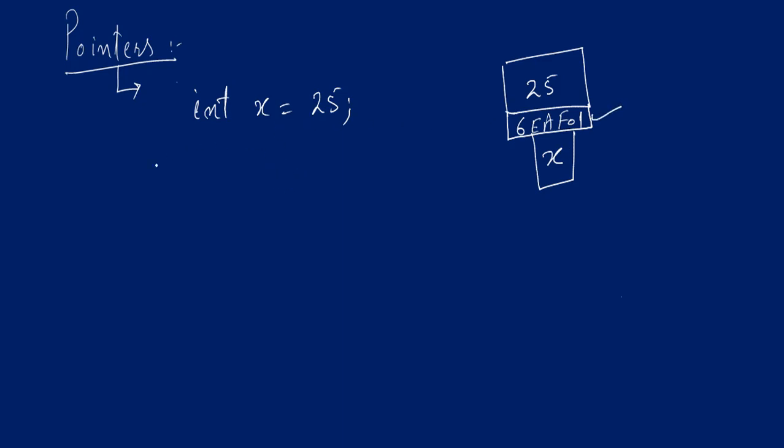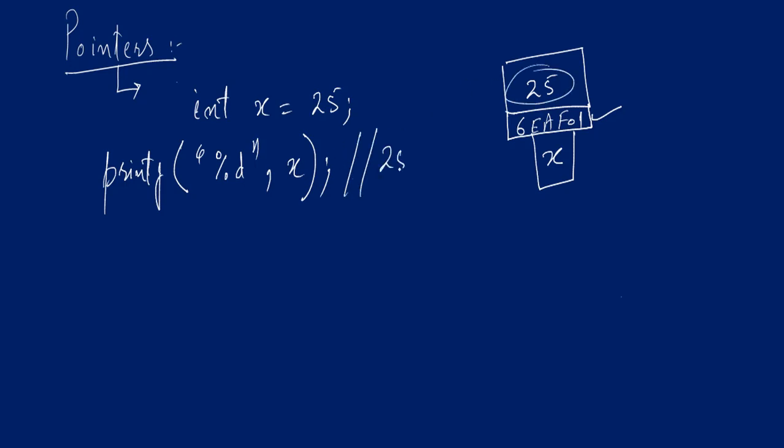Now if I write printf %d of x, what will it write? As usual, it will write 25. So its output will be 25. But if I write printf %d and of x, what will it write?